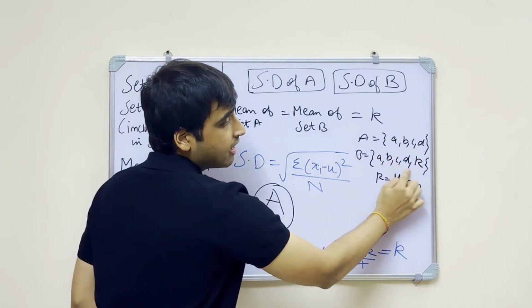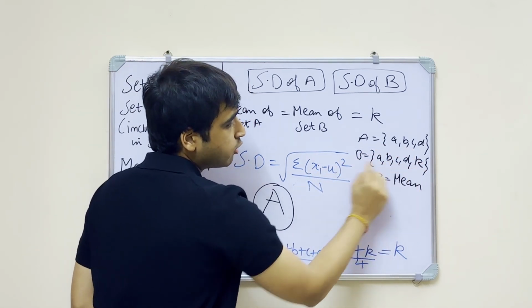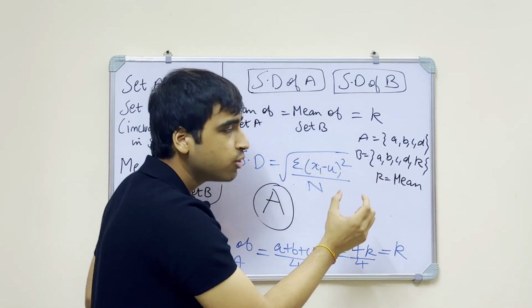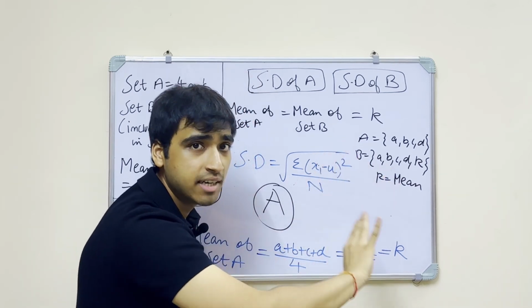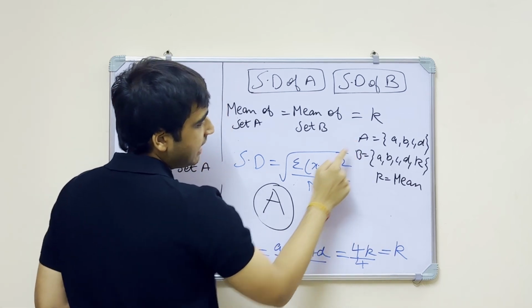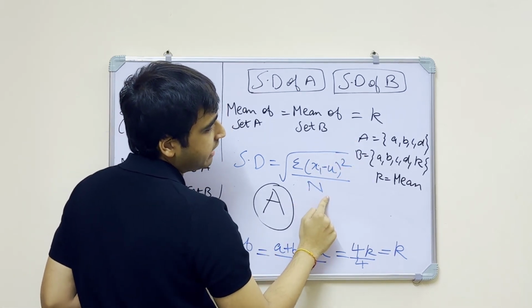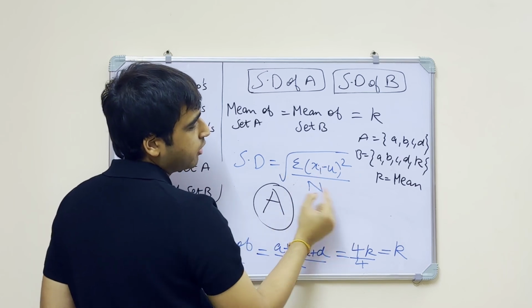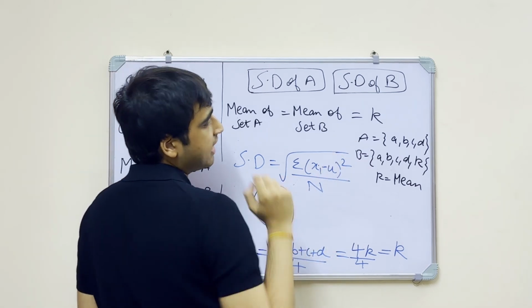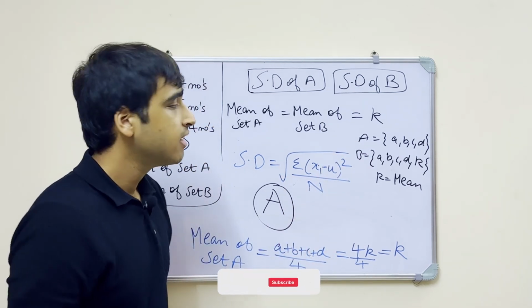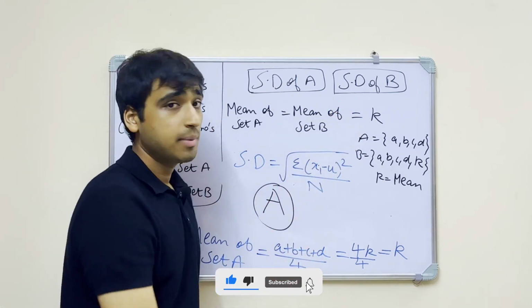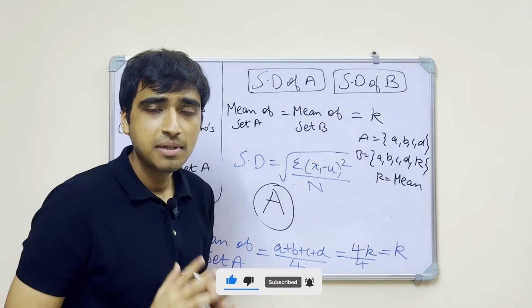There is an additional term K, so plus (K minus mu) square, but because K is equal to mu, this doesn't make any difference. In this case, n is 4. In this case, n is 5. So obviously, when n is 4, this part will be greater because the denominator is small. That is why the standard deviation of A is greater. So the answer becomes A. I hope this should be absolutely clear.